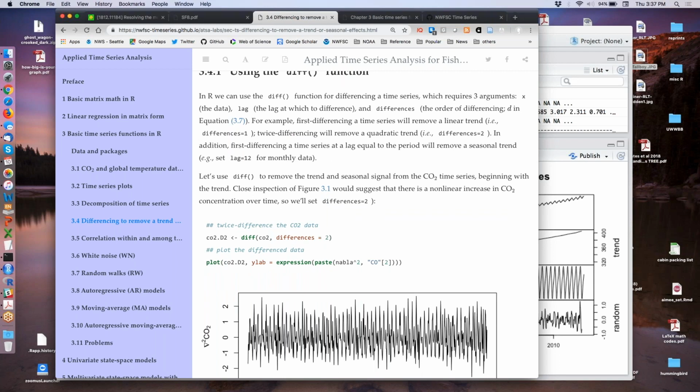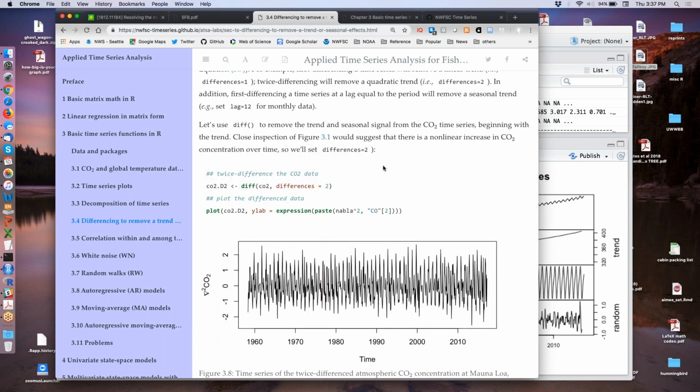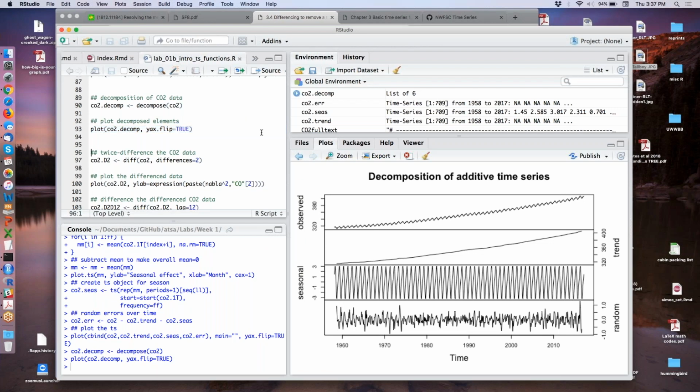There's also another argument called lag. So if we had the CO2 data here, we might want to difference that twice because we had a bit of a quadratic trend there. So let's do that and plot that.